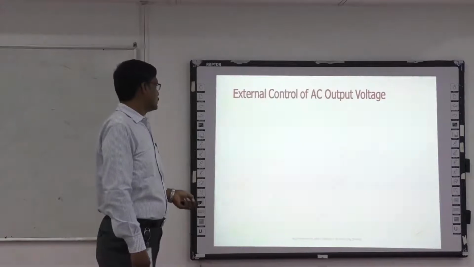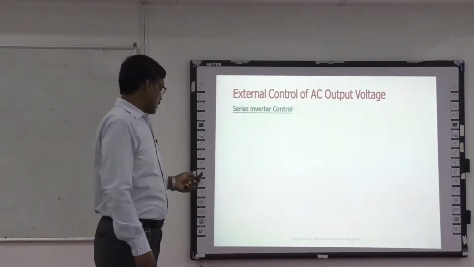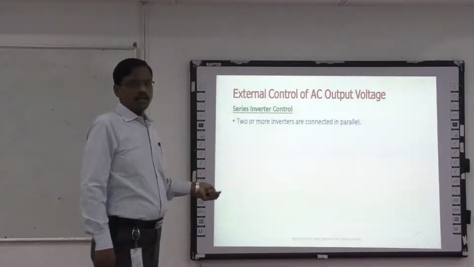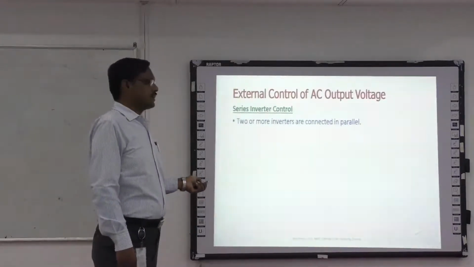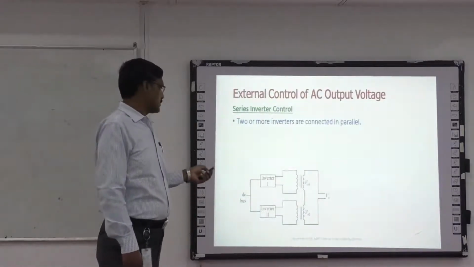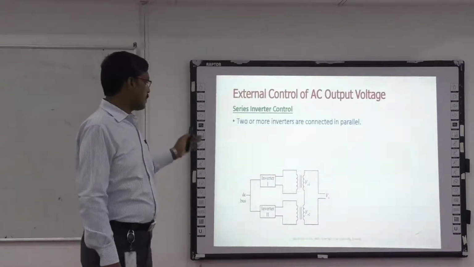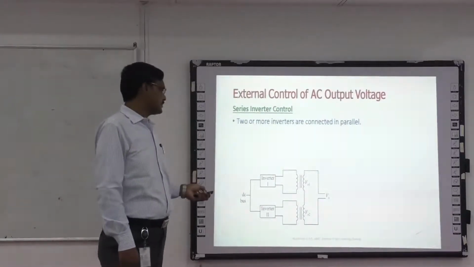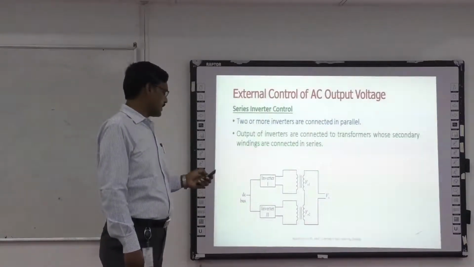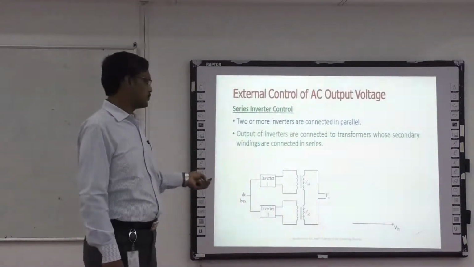And then the next method is series inverter control. We have a number of inverters connected in parallel. The outputs of the inverters are connected to a number of transformers, and the secondaries of all these transformers are connected in series, so that the final output voltage is the sum of all the secondary output voltages.